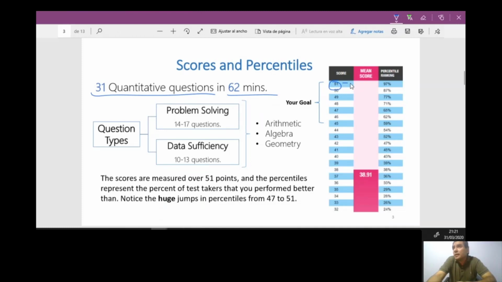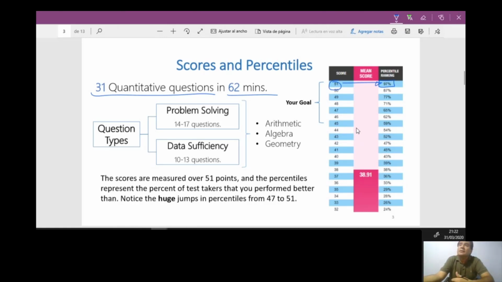The score is directly related to a percentile ranking, which is a way to compare your performance in the exam, particularly in this section, compared to other test takers who took the GMAT in the last 3.5 years.